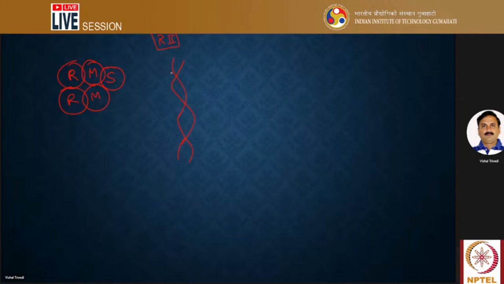At the major as well as the minor groove areas, this S is inserting into the DNA. When the S is inserting into the DNA, you know that you have nucleotides. If I draw the DNA like this, you have a nucleotide like this. You can imagine this is coiled, but I'm not showing the coil.